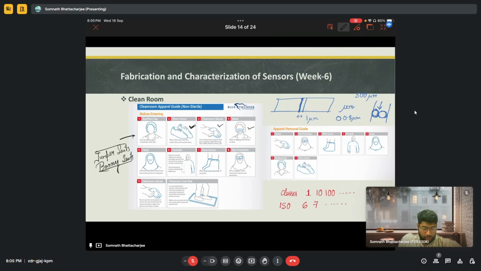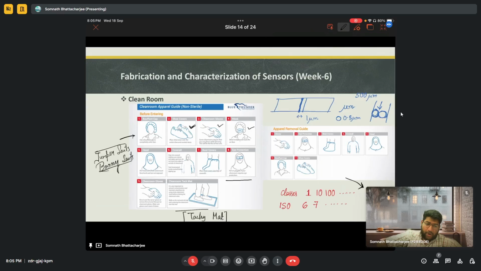We have several protective glasses, and there is this tacky mat. Even with the shoe cover, or even with newer, cleaner shoes, there may be some contaminants remaining. So that's why there is a high vacuum flow of air inside a clean room, where the air comes from the top.